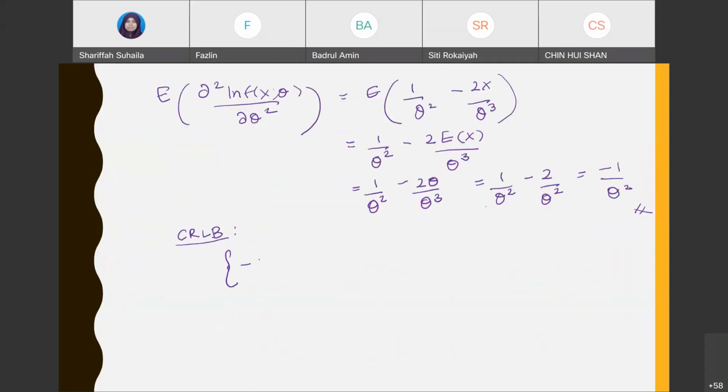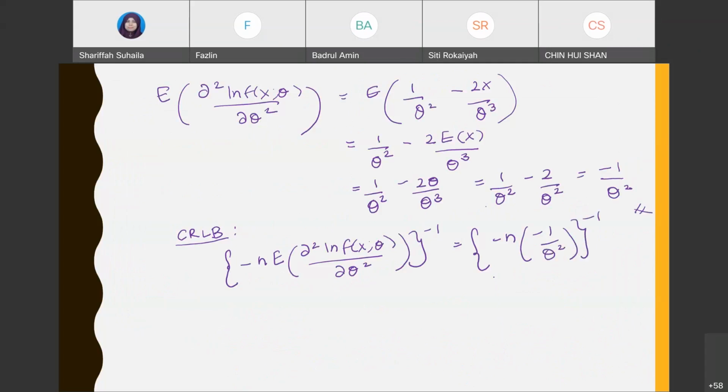Saya gantikan this one, you get negative n times negative 1 over theta square. So you will get theta square over n. Itu kita punya value of your Cramer-Rao lower bound.